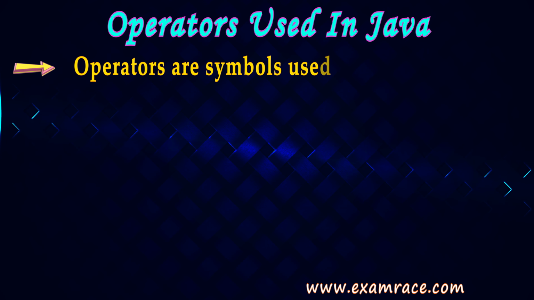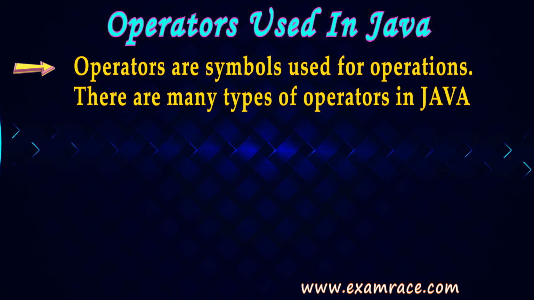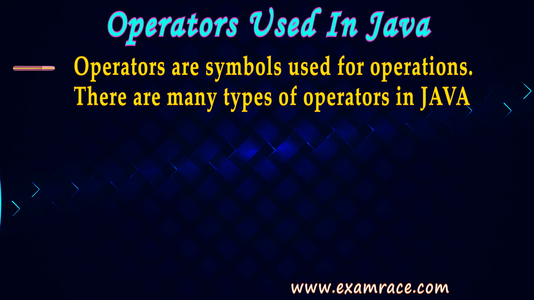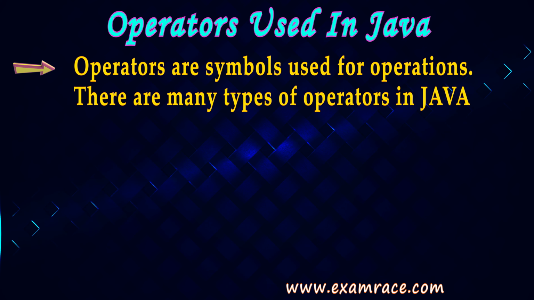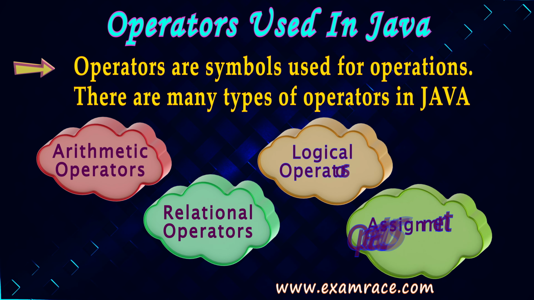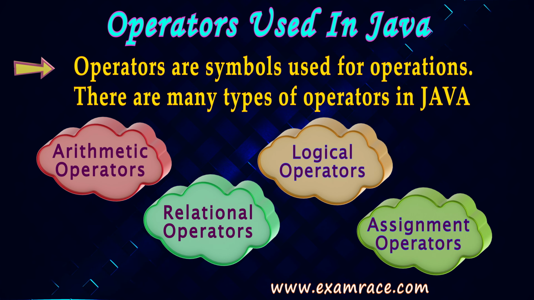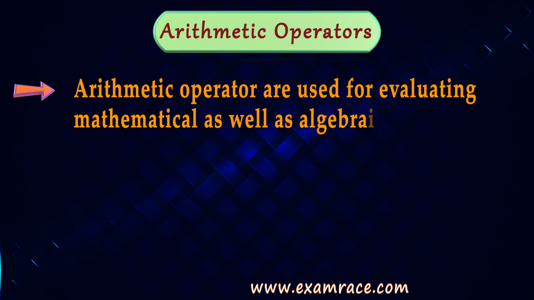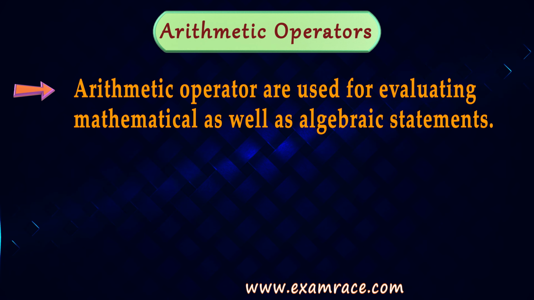As I have told, we are having certain operators and the most important and basically used operators are these four: arithmetic, relational, logical and assignment operators. So the different operators we are having in Java programming are for performing simple mathematical calculations, and we can perform algebraic statements and calculations too.